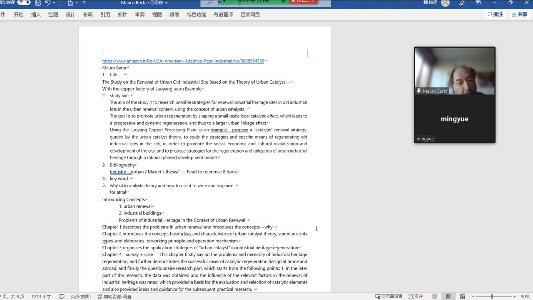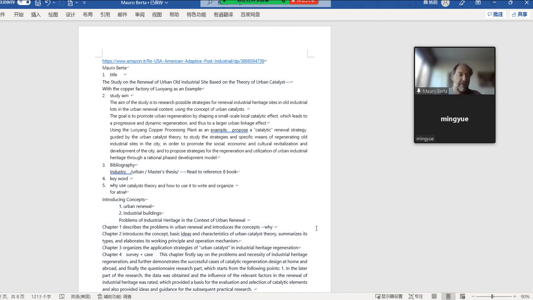So is adaptive reuse towards the factory or towards the urban? It depends. Adaptive reuse is a very comprehensive concept. It can be applied to every urban object. You can speak about adaptive reuse of a single building, also a residential building, or a former industrial building, or a former commercial building.